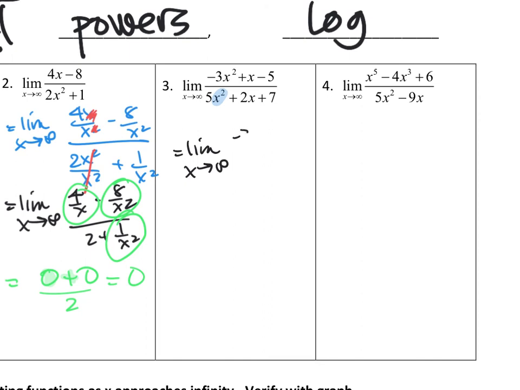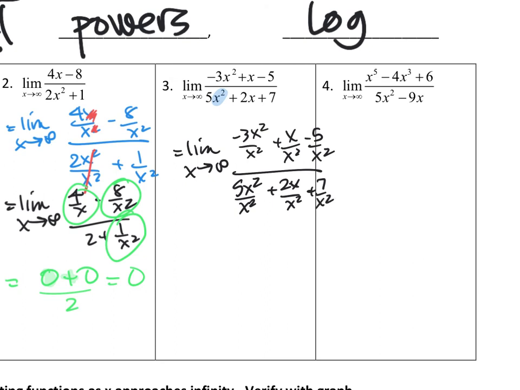Each one divided by x squared, and plus 7 over x squared. So again, we're simplifying. Goes to 1. This ends up being 1 over x. Goes to 1. This ends up being 2 over x.